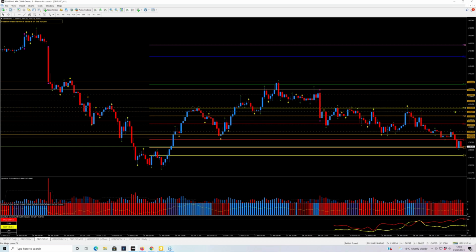What it's done this week, in calculating the fresh levels for the week, you've noticed here, and this is why I've crunched up the chart, is how many times has cable tested this particular level, which is the R3, which is at 3936 39. So you can see here, it goes right back to the 21st of June.